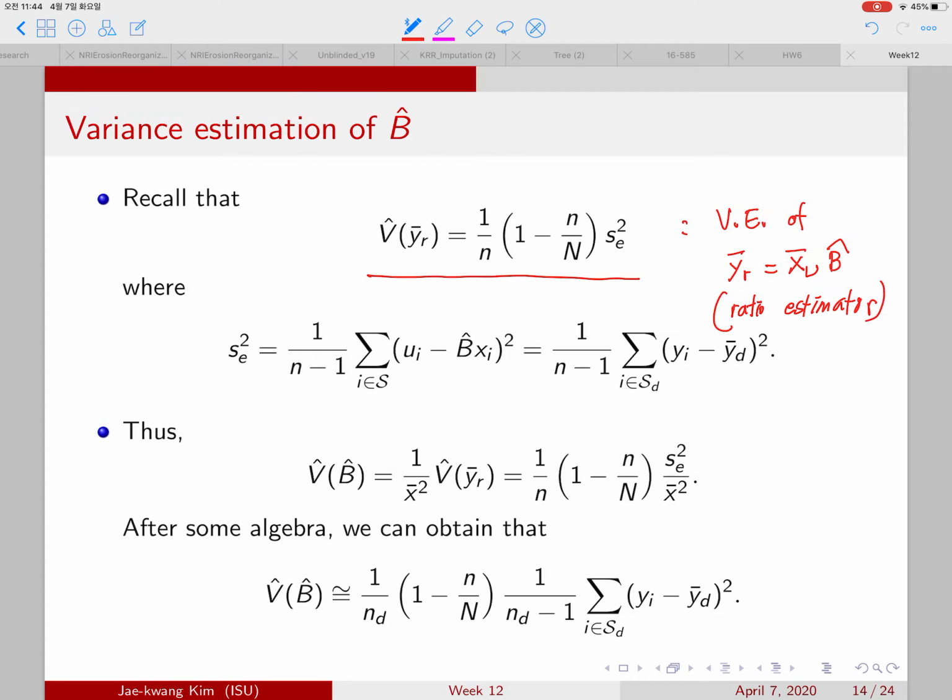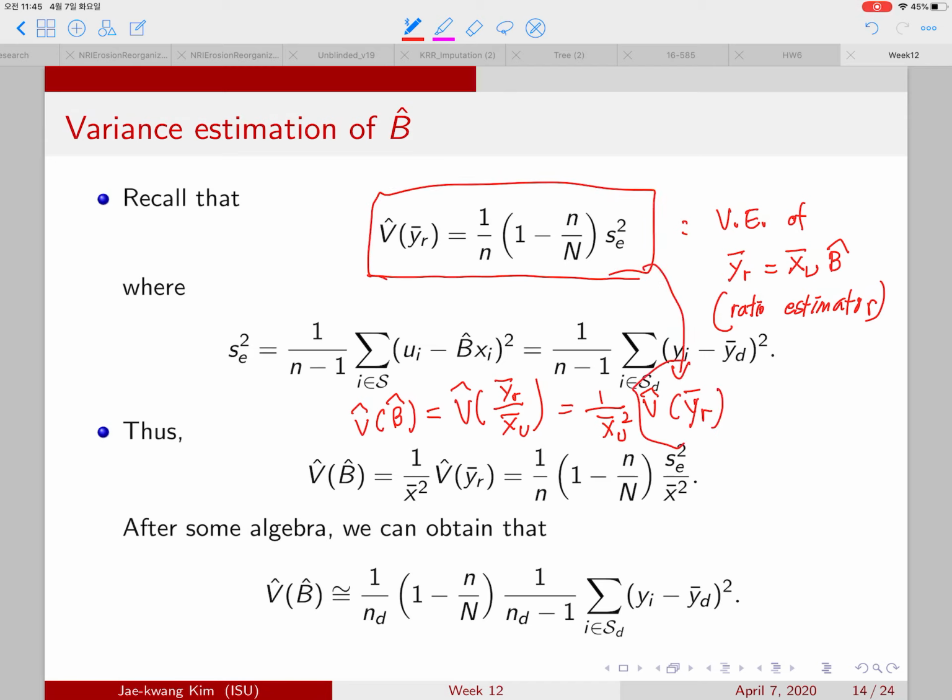We know this formula already: the variance estimator of y bar r divided by x bar U is one over x bar U squared times the variance estimator of y bar r. Since x bar U is unknown, we replace it by x bar instead. So that is the formula.